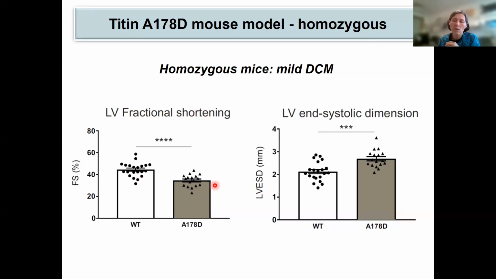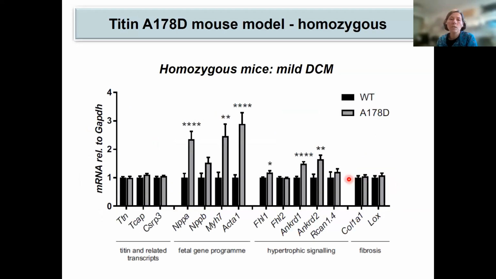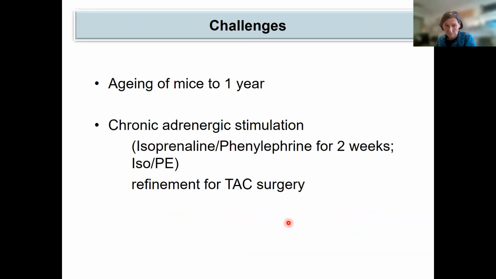So reduced systolic function and increased ventricular dimensions. And also, if you look at molecular features, you see an induction of the fetal gene program. This is a hallmark of cardiomyopathies. And you also see evidence of hypertrophic signaling, which again is a hallmark of cardiomyopathies.